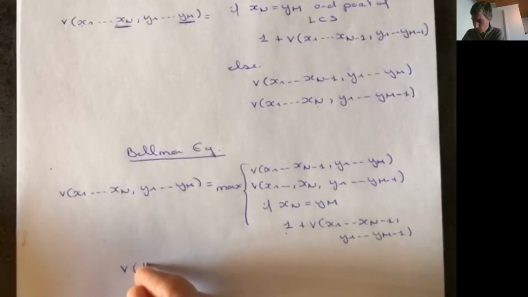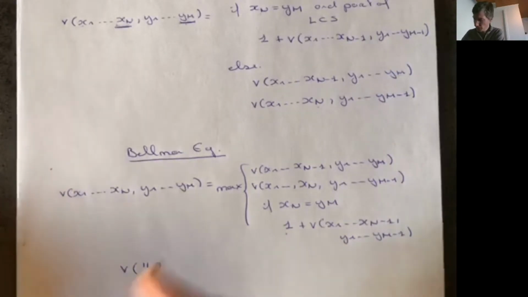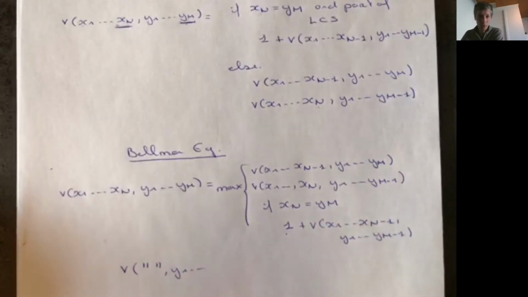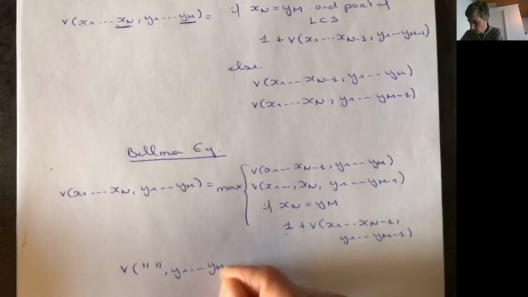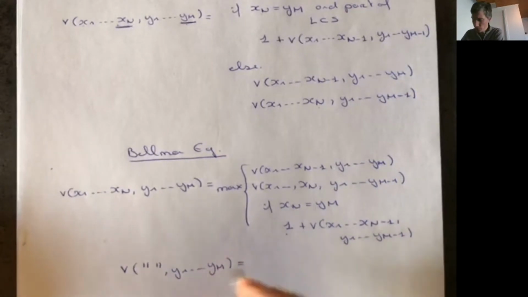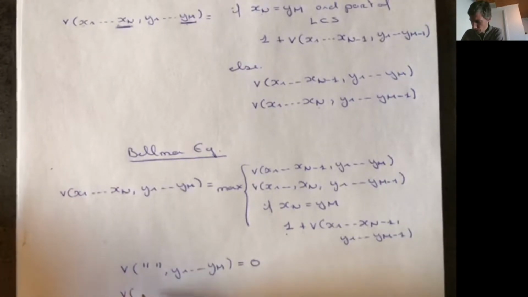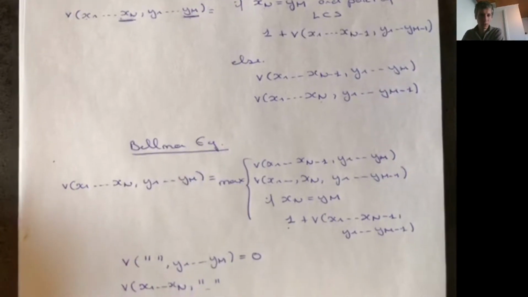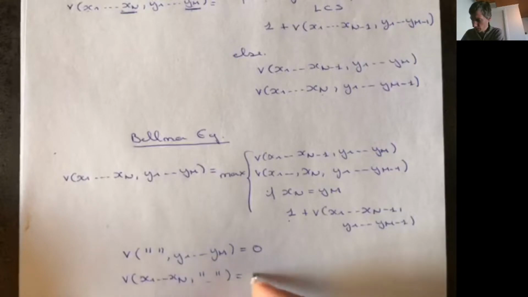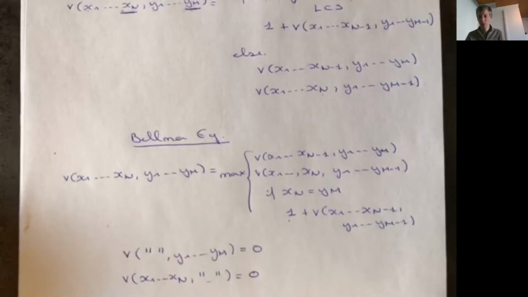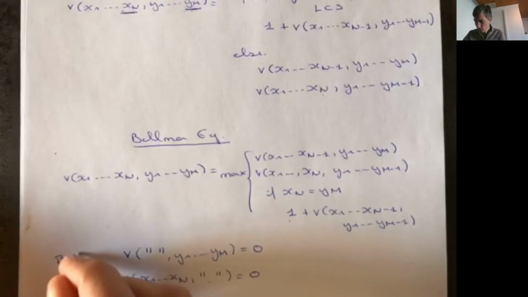So if I have an empty substring and some word on the right hand side, then of course the longest common substring has to be equal to 0. There's nothing here, so I cannot find any common substring of any length. The same way here, if I have a word x1 to xn and the empty string for the second word, then again this has to be equal to 0. These are my base cases.